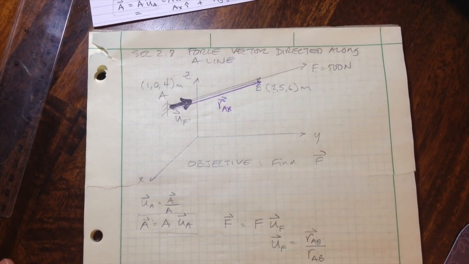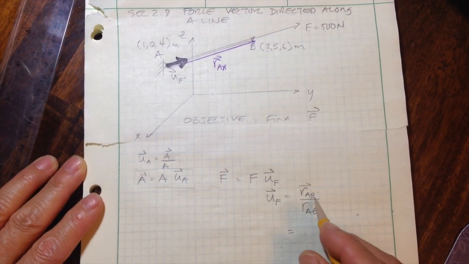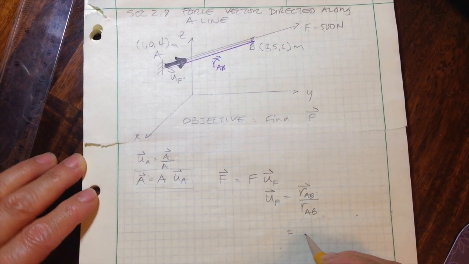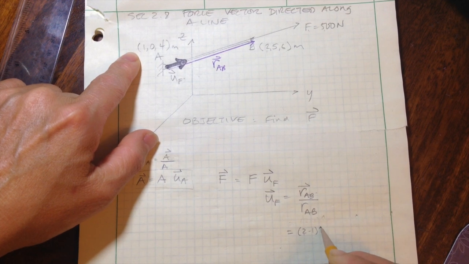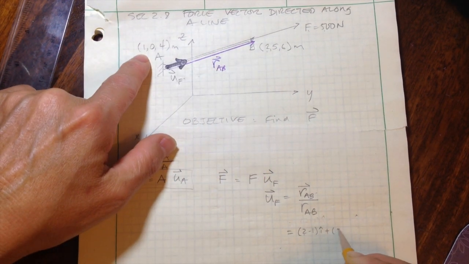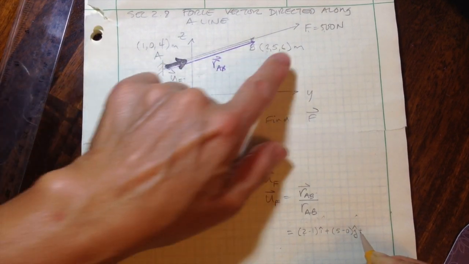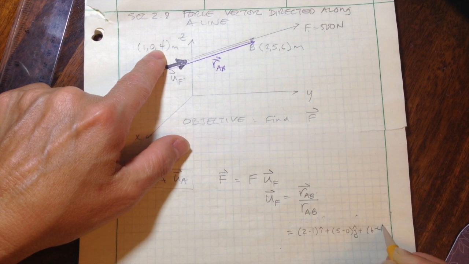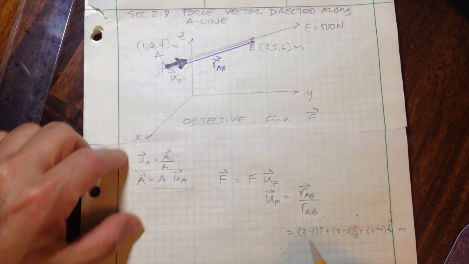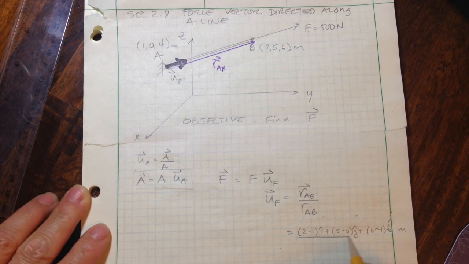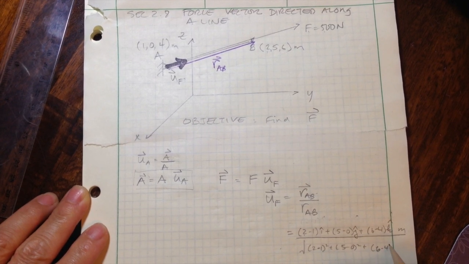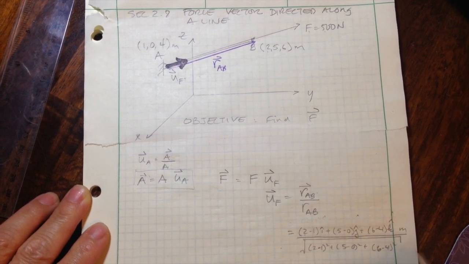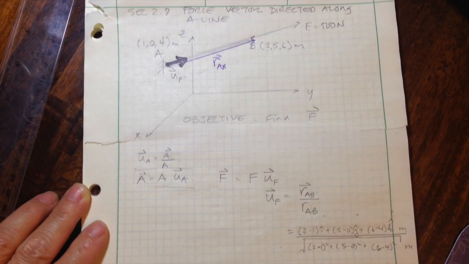And that is simply equal to, so this position vector rAB is simply (2 minus 1) i plus (5 minus 0) j plus (6 minus 4) k meters, all divided by the magnitude of that, which would be the square root of (2 minus 1) squared plus (5 minus 0) squared plus (6 minus 4) squared. That would also have the unit meters.